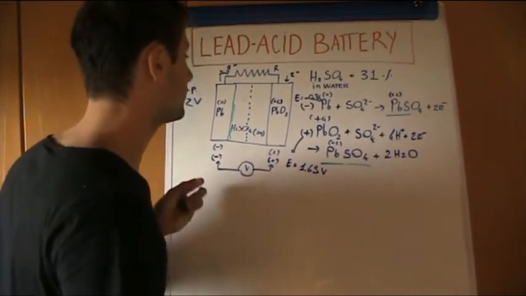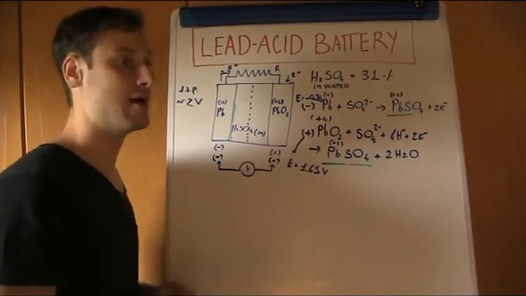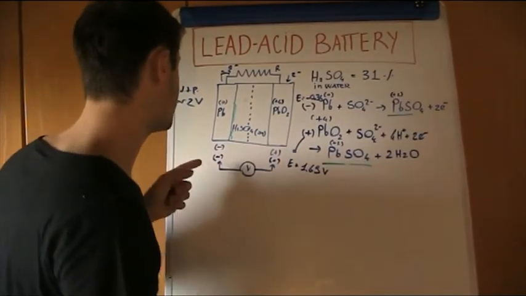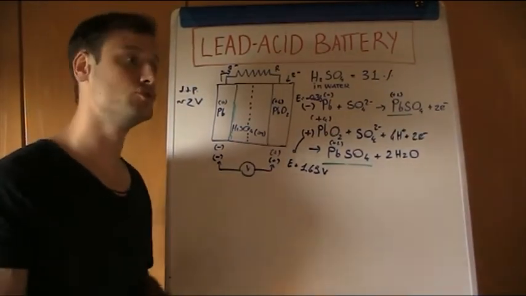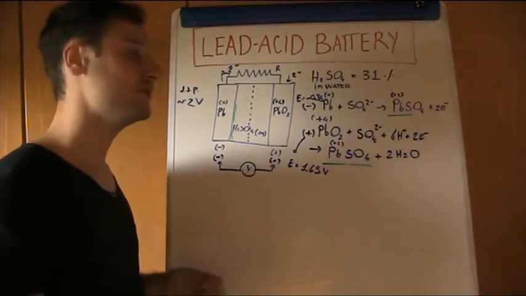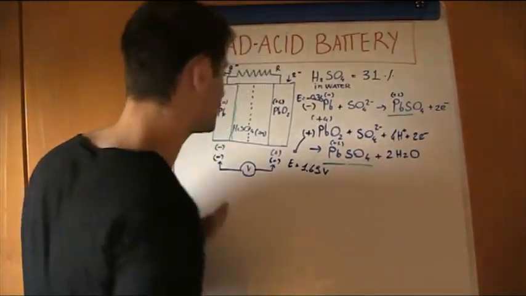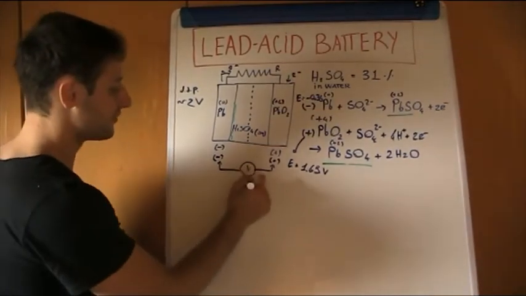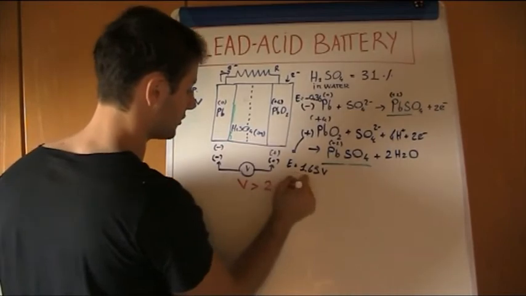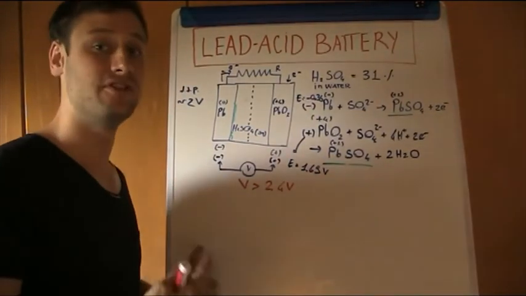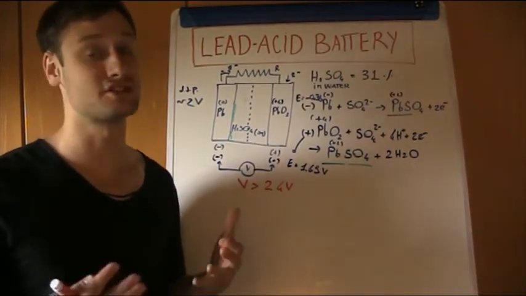But obviously, in order to do this, we need to provide a certain d.d.p with an external potentiometer, and this d.d.p will be higher than 2 volts. But we need to be aware not to exceed the value of 2.4. Why? Because if we increase the voltage in order to promote the recharging over 2.4 volts, we can promote the formation of hydrogen and oxygen due to the electrolysis of water.